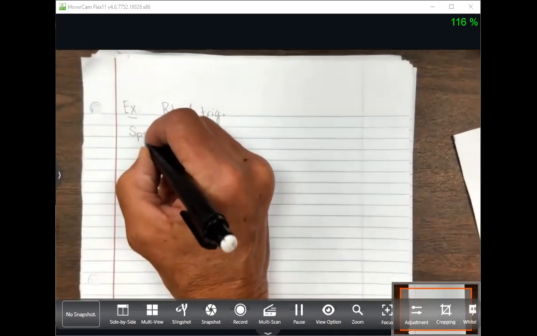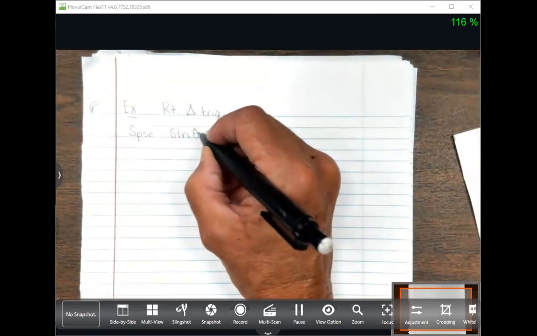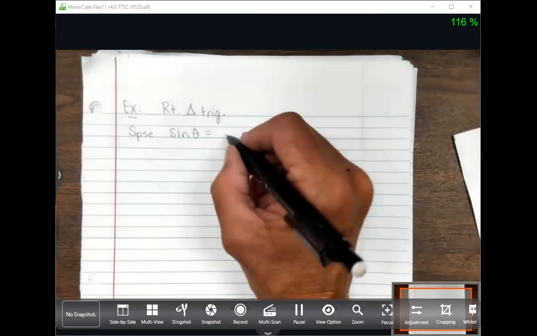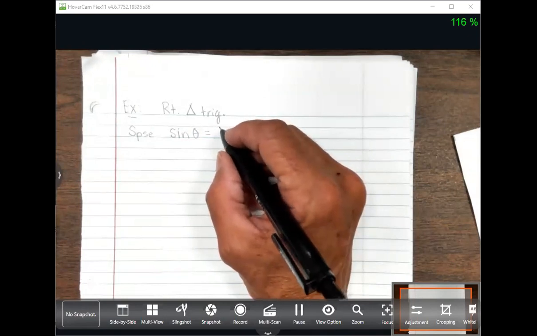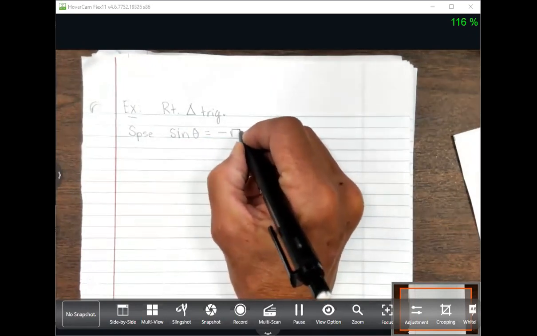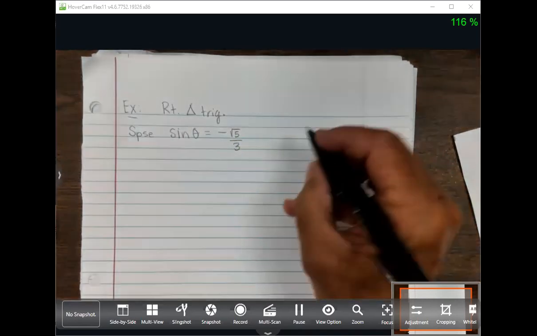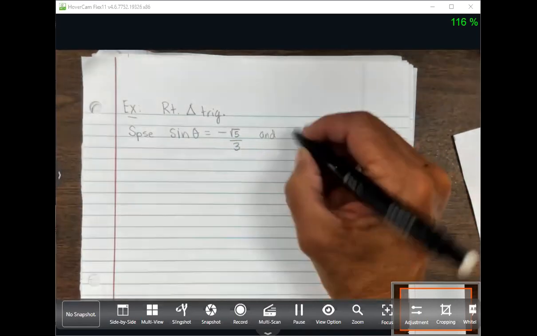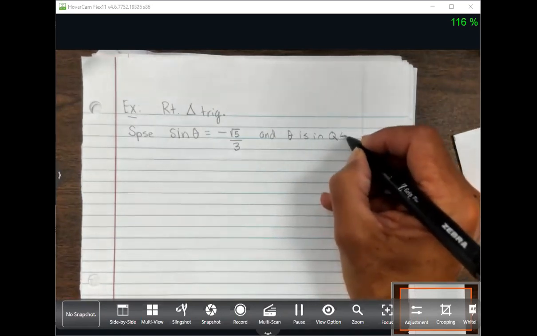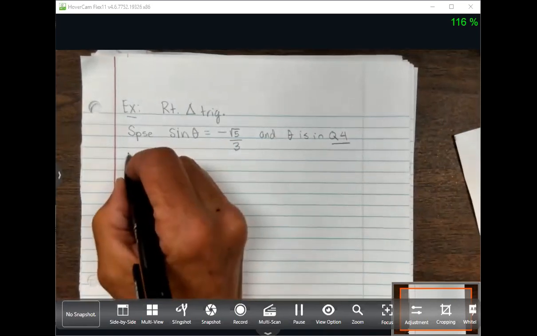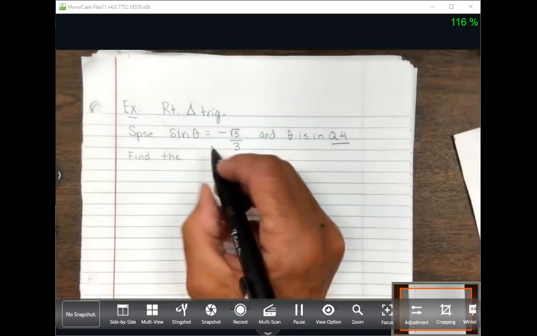Suppose the sine of some angle is equal to, the square root of 5 we said was 2-ish, so let's go negative square root of 5 over 3, and theta is in quadrant 4.